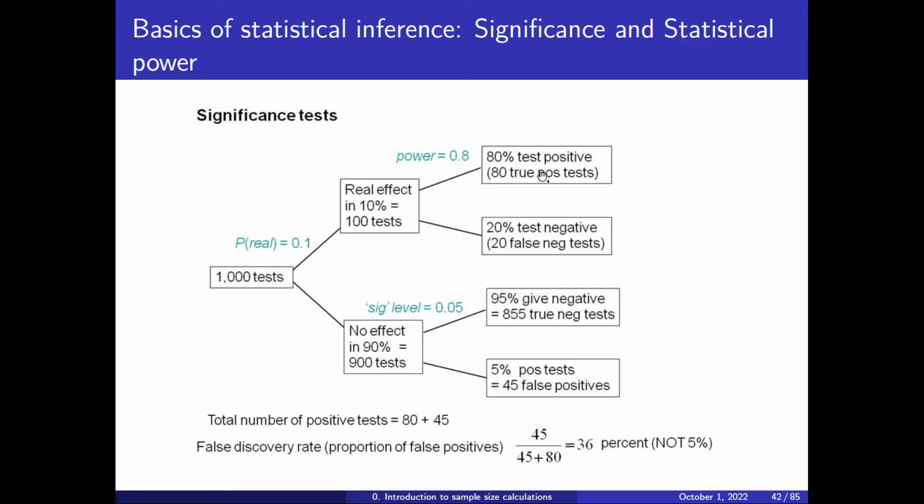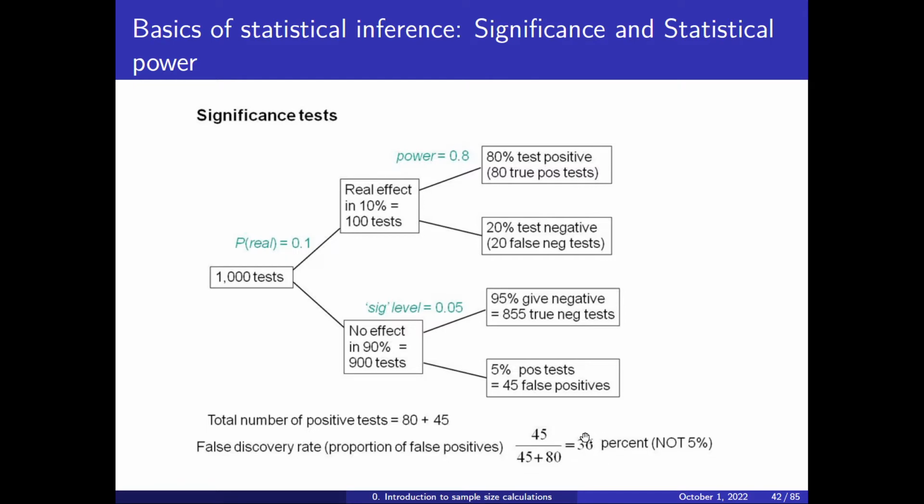So you see these 80 positives and these 45 positives. In total you think that 125 compounds make a difference, but out of this, what is the probability that you are wrong? 45 divided by 125 of the cases are incorrect.